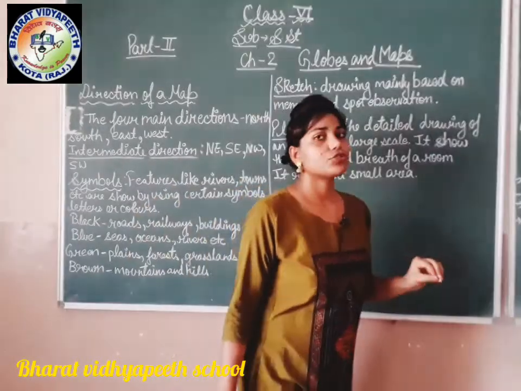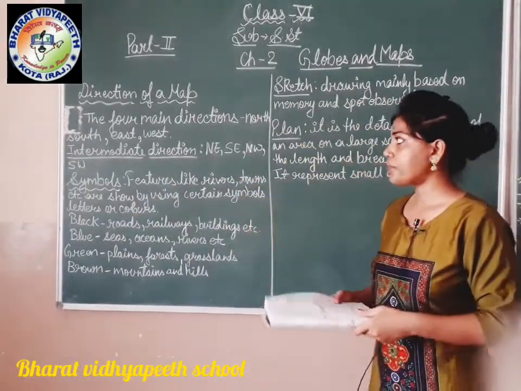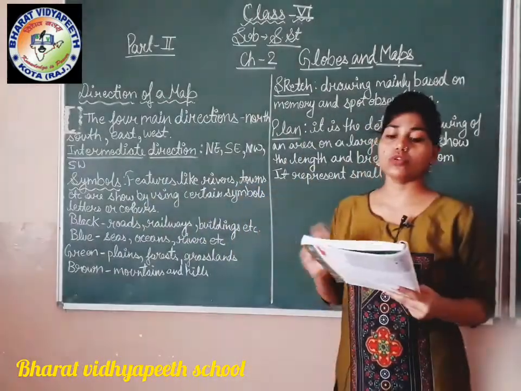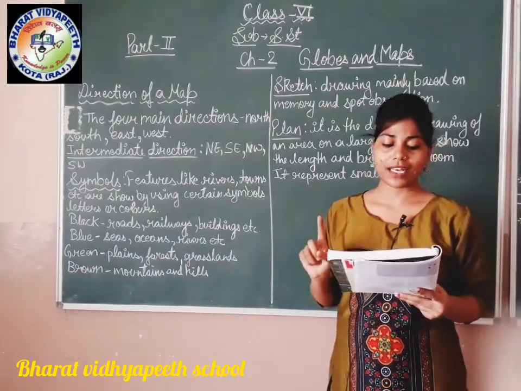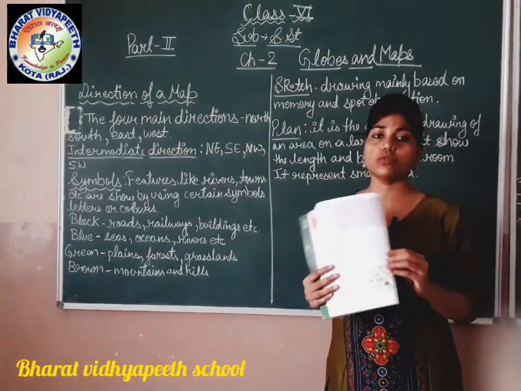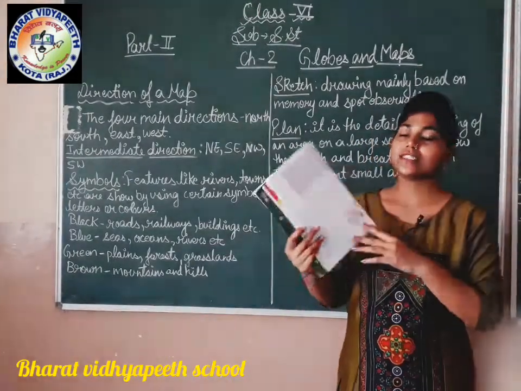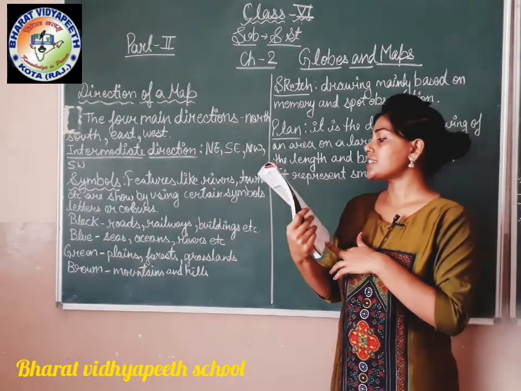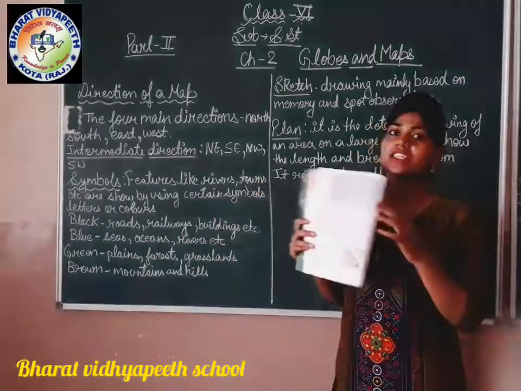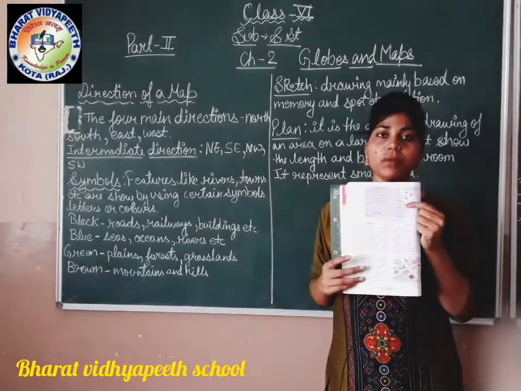Now your work is to write all these notes in your copy, and you have to read all the notes and the chapter by your own once, read the whole chapter line by line, and your homework is to draw this picture from page number 16. Some conventional signs and symbols used on a map are given in your book at page number 16.